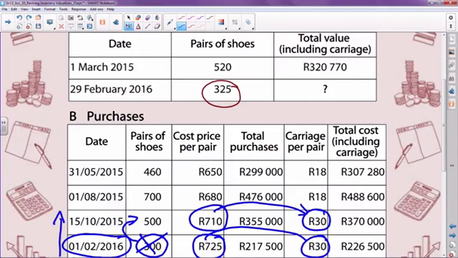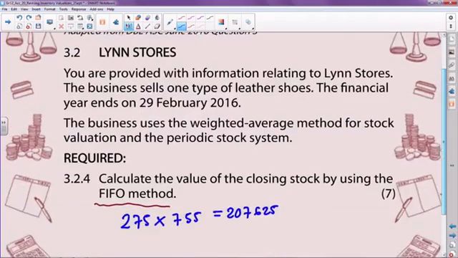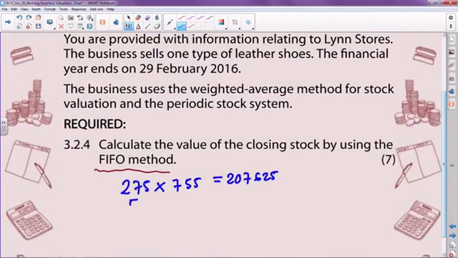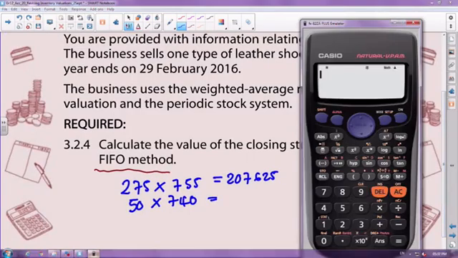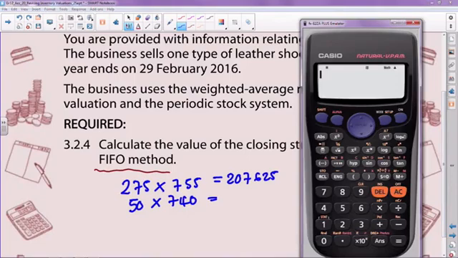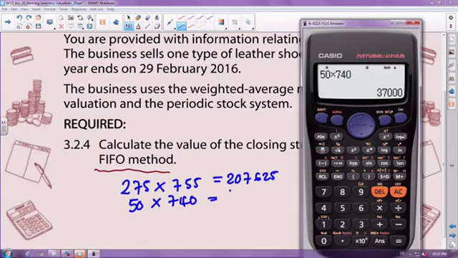So we say, fine, we're working for the next 50 pairs of shoes at 740 Rand per pair. And let's do the calculation. So we've got 50 pairs valued at 740 Rand to give me a total value of 37,000.